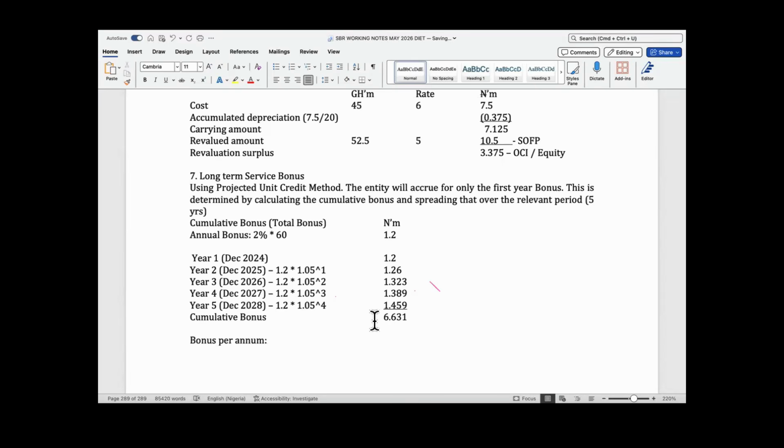Since I know that the bonus grows every year by 5% cumulatively, I need to get what my commitment is as of today. I know that my commitment is 6.631. So I'm then going to spread that over the 5 years. Per annum, this is what you're owing.